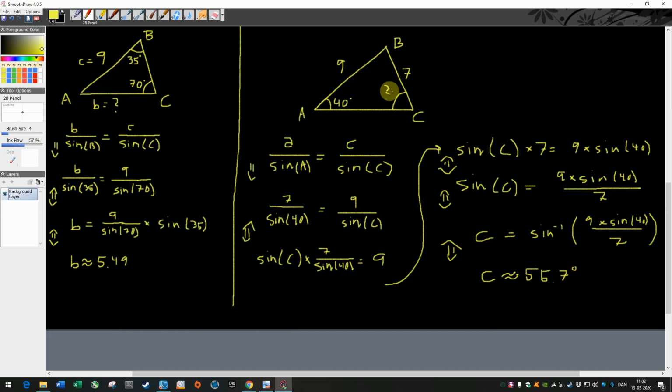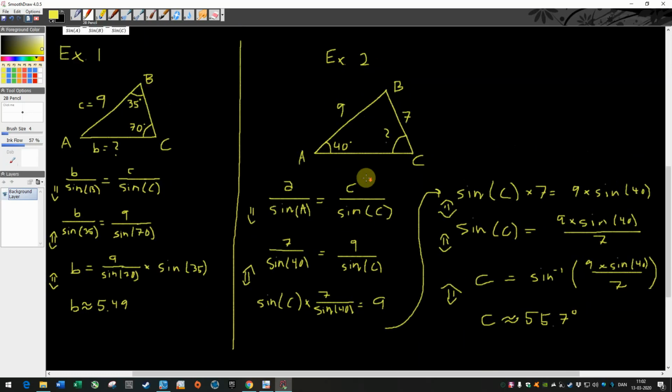So we have calculated this angle here. Again, if you want to calculate angle B, you just again take the sum of the angles, which is supposed to be equal to 180, and then you can calculate small b.